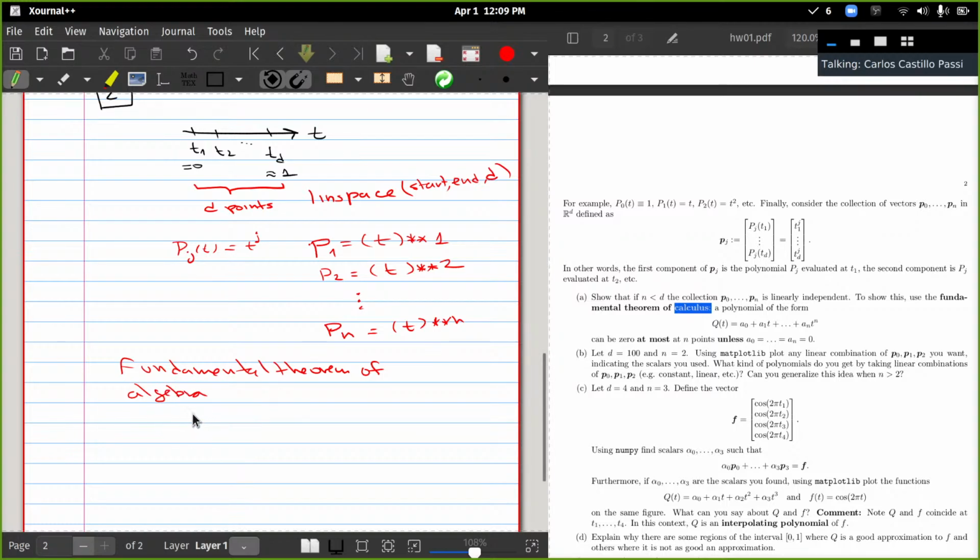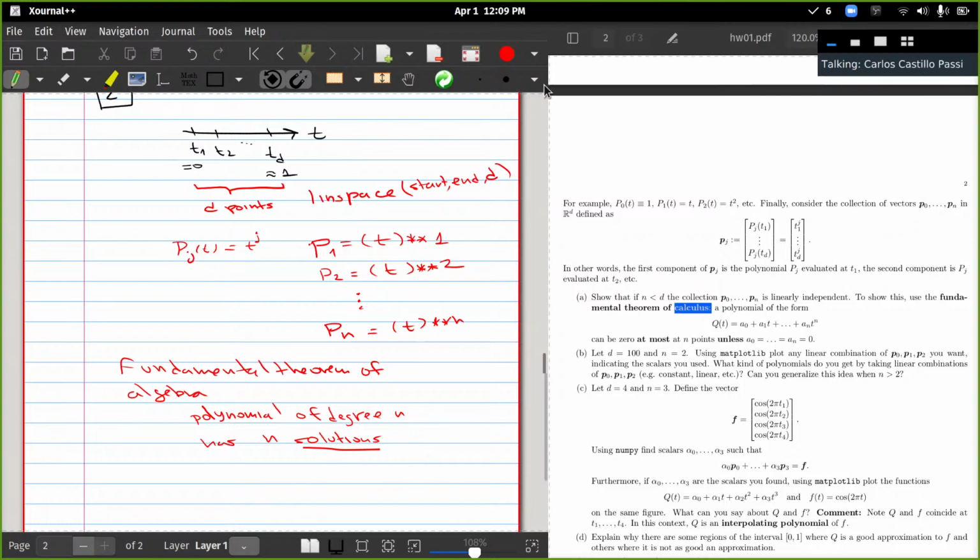What it says is that a polynomial of degree n has n solutions, basically. And the solution is defined by when the function is equal to 0.